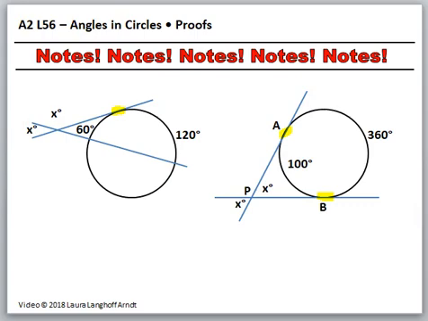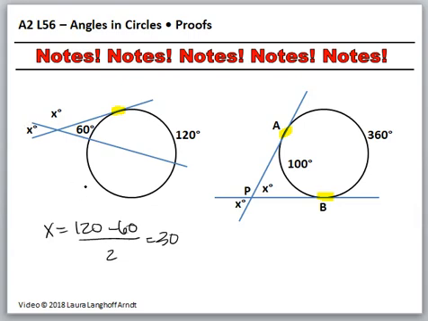The question is, is this going to be adding or subtracting? Well, it's going to be subtracting because they're intersecting outside the circle. So this one is going to be X equals 120 minus 60 divided by 2, which is going to give us 30. X equals 30 degrees.